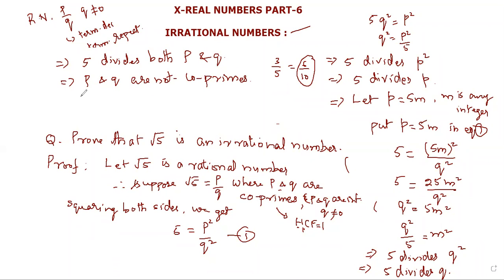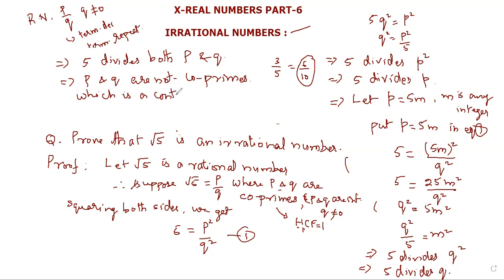Here we write, therefore, which is a contradiction. Whatever we supposed, we have reached the opposite thing, which is a contradiction.